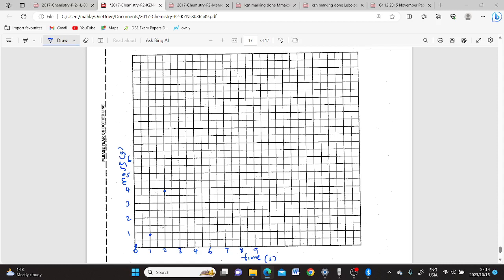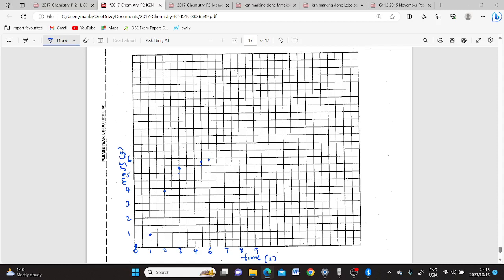And then after 3 seconds, there was 5.3. 5.3 can be somewhere here. After 4 seconds, there was 5.7, 5.5 here, 5.7 can be here. After 6 seconds, there was 5.9, very close to this one.